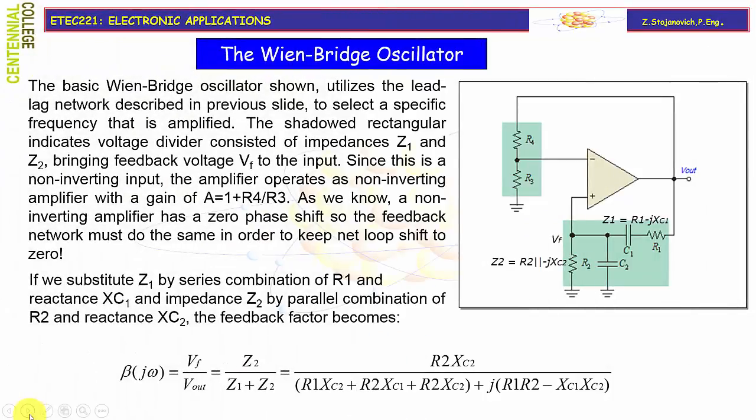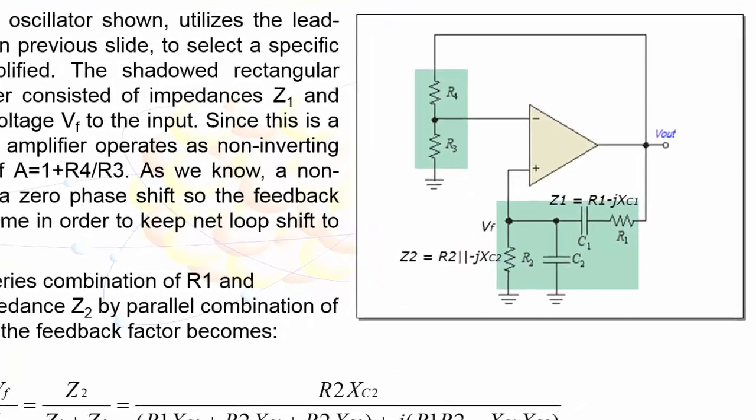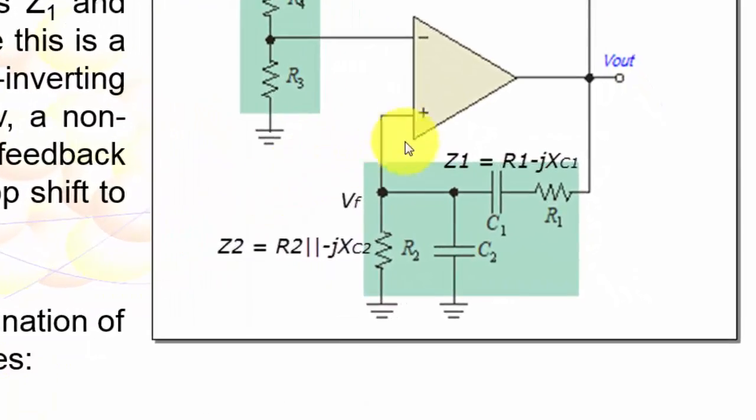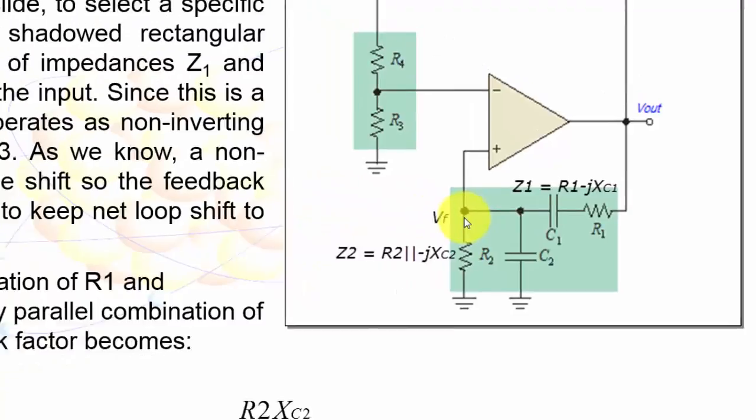The basic Wien bridge oscillator shown utilizes the lead-lag network described in the previous slide to select a specific frequency that is amplified. The shadowed rectangle shown here in the schematic indicates a voltage divider consisting of impedances Z1 and Z2, bringing the feedback voltage VF to the input.